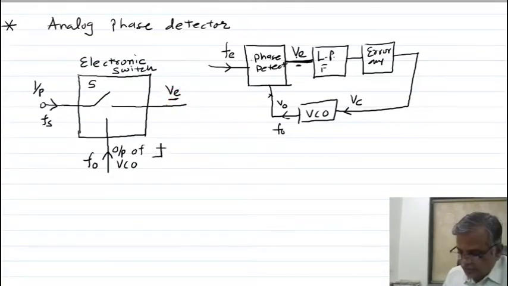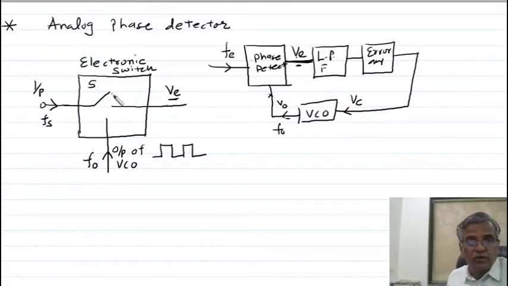Here the VCO waveform is a square wave. The electronic switch is open or closed depending on the square wave coming from the voltage controlled oscillator. When the positive half of the square wave appears here, the switch is closed.